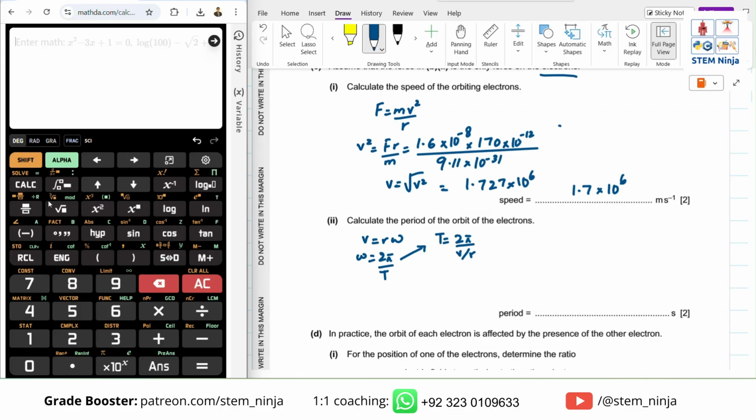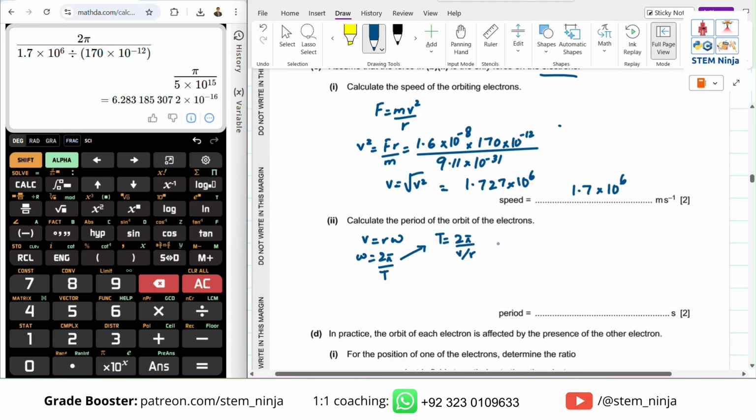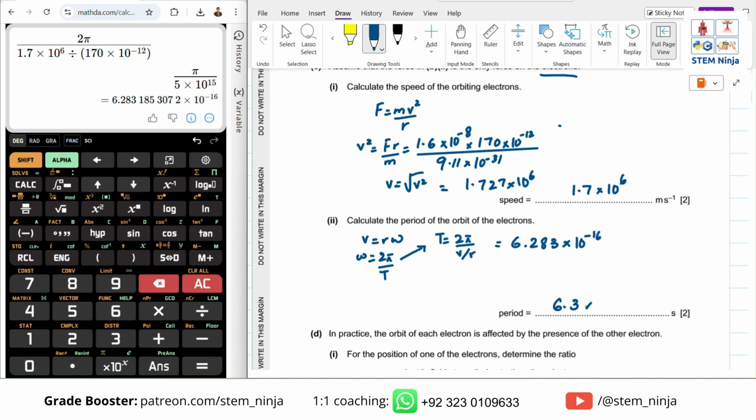So 2 pi divided by speed, which is 1.7 times 10 raised to power 6, divided by r, which was 170 times 10 raised to power minus 12. This comes out to be 6.283 times 10 raised to power minus 16 seconds. So let's say 6.3 times 10 raised to power minus 16.